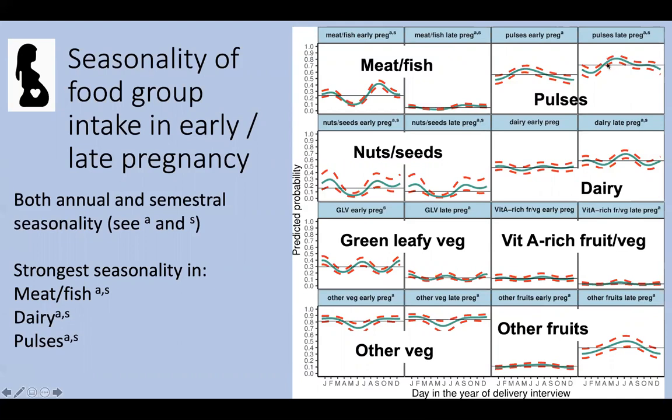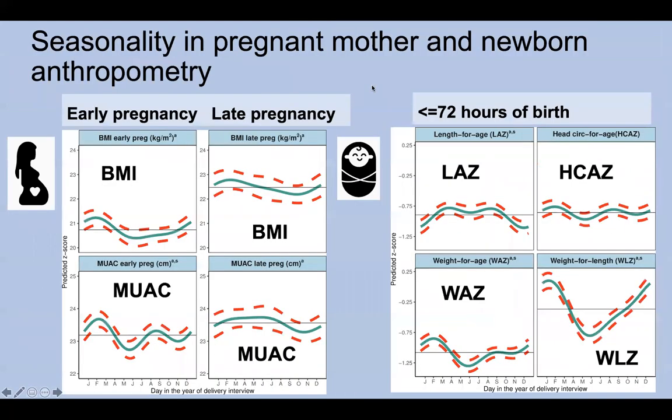So for example, here, the pulse intake is highest in late pregnancy after the pulse harvest. The dairy consumption seems to be highest in the monsoon when production of dairy is highest, consumption of meat seems to be highest in the festival seasons, and so on.